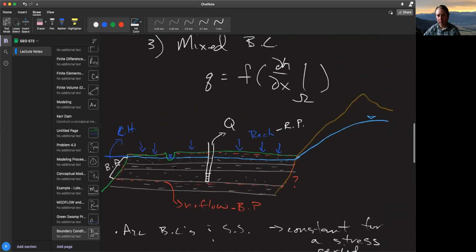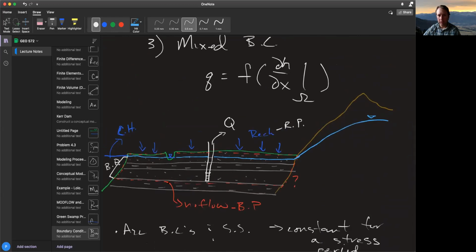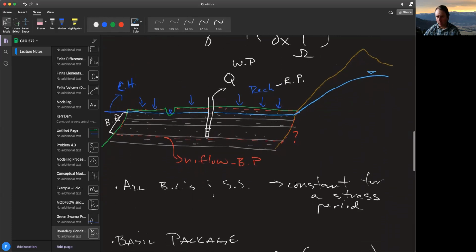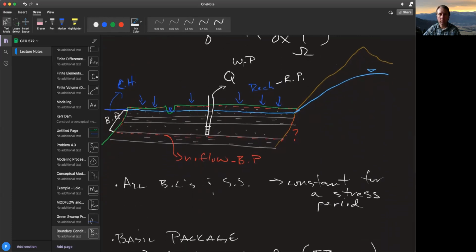So now I've handled this boundary, this boundary and this source sink. So here's a question: how would I handle this side? Well, one way to think about it is that this mountain is full of water.